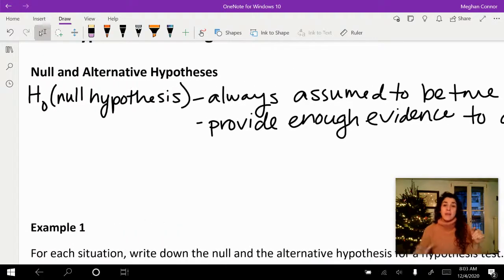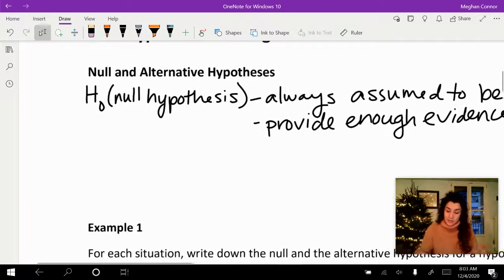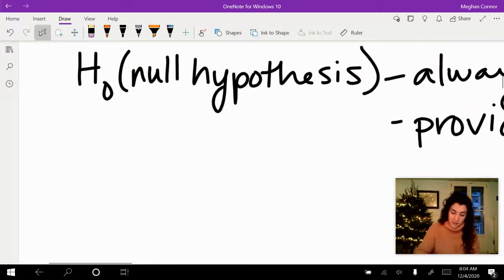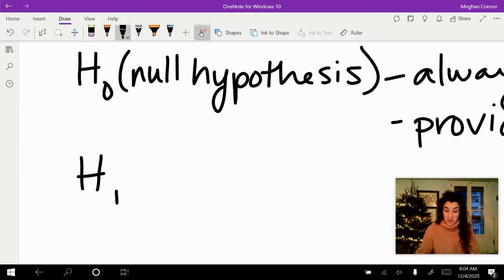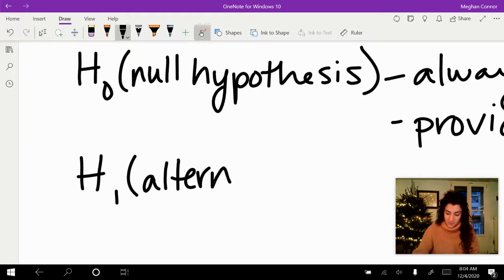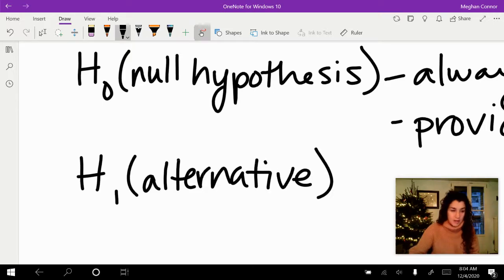So the null hypothesis always has a counter argument to it, which is the alternative hypothesis. The alternative hypothesis uses the symbol H sub 1. So this is your alternative hypothesis.